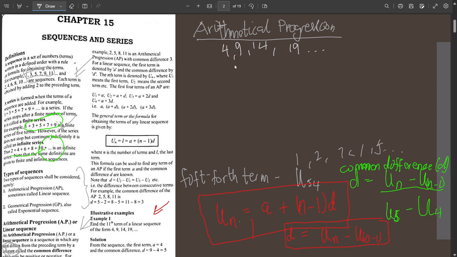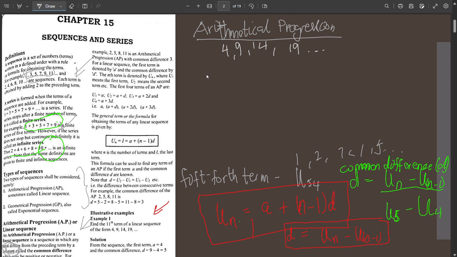It means that when we continue, this is the first term, the second, third, fourth, fifth, sixth, seventh term, and we'll get to the 11th term. But we cannot simply add the common difference. From here we can see that the common difference is 5, because when you subtract, you always get 5. So we use this formula, because this is an AP.